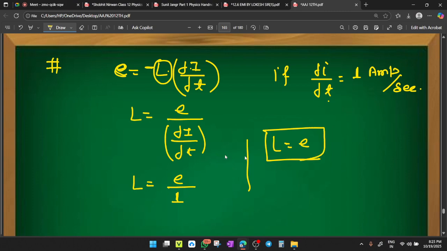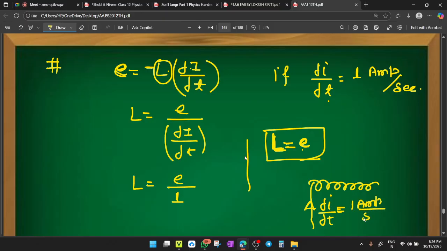Now, what is the definition? The coefficient of self-inductance of a coil is numerically equal to the EMF induced in the coil when the rate of change of current with time is equal to 1 ampere per second.